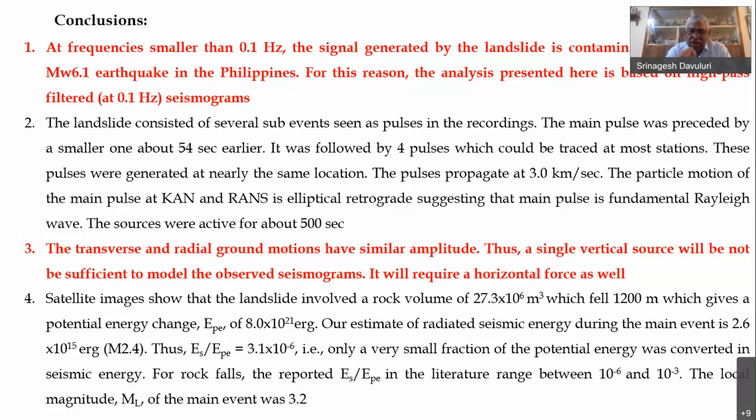The satellite images show very clearly that the landslide of 27.3 × 10^6 cubic meters, involving a rock volume of this amount, 80% rock and 20% glacier, fell 1200 meters and gives a potential energy of 8 × 10^21 ergs. That potential energy is converted into kinetic energy, and we could see the radiated seismic energy of the main event, which is about 2.6 × 10^15 ergs.